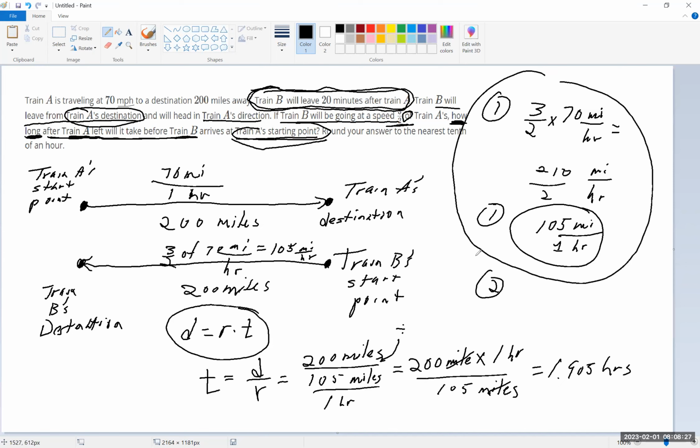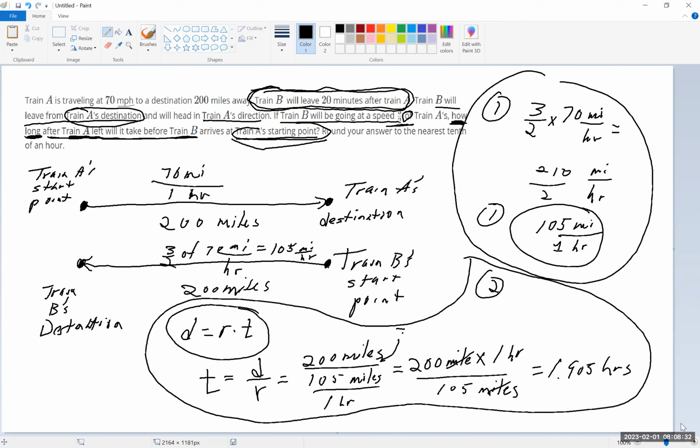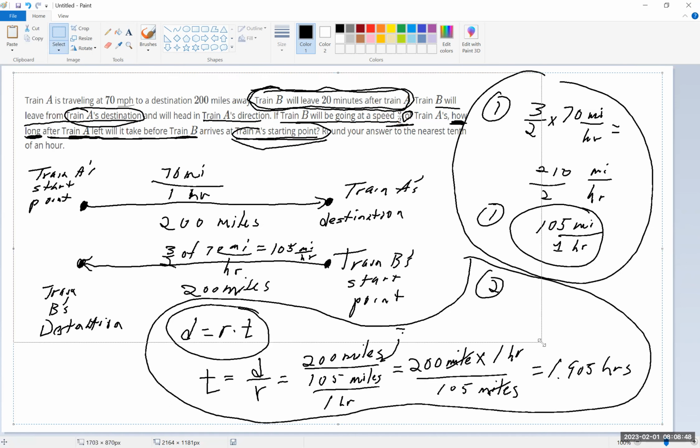This is step 2. And step 3 is to figure out how do I turn 20 minutes into hours? In other words, it's a conversion.